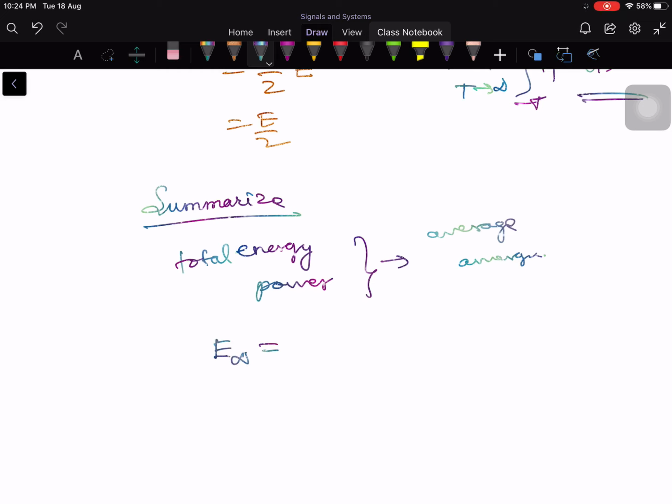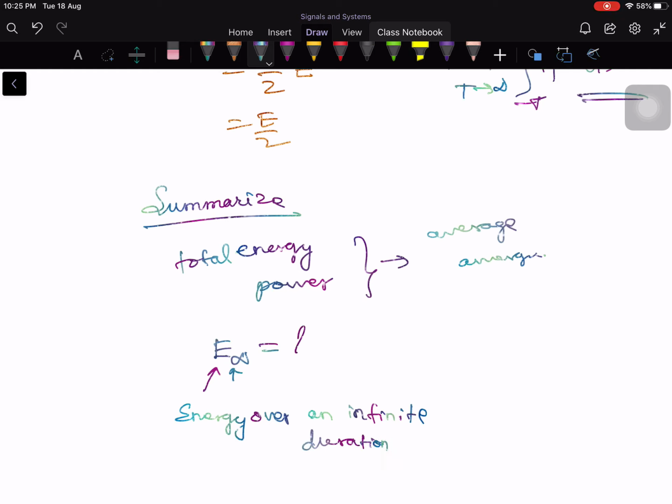E suffix infinity. As I said, this suffix indicates the duration over which you are finding the energy. So when I put E suffix infinity, that indicates the energy over an infinite duration.